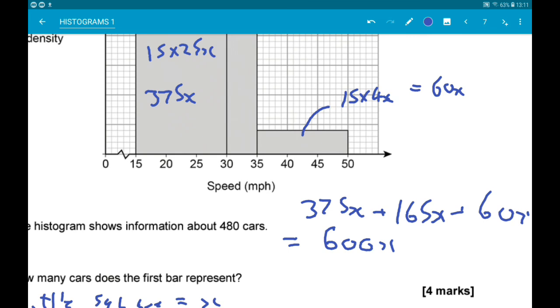Now that is an expression for the total area. We know the total area is 480.